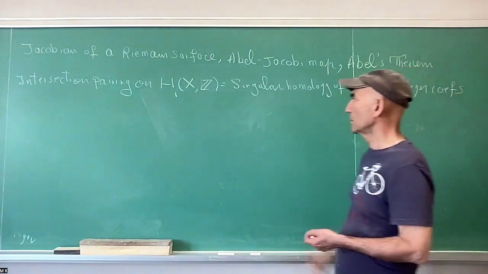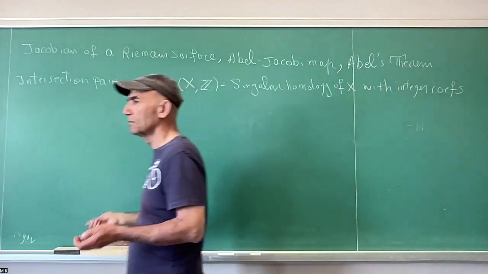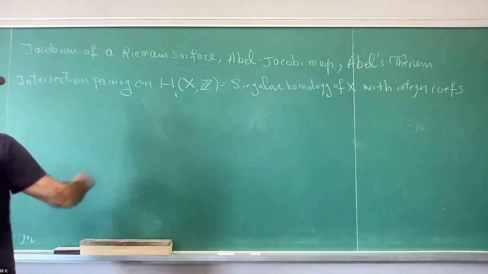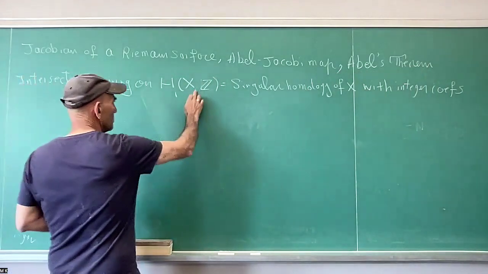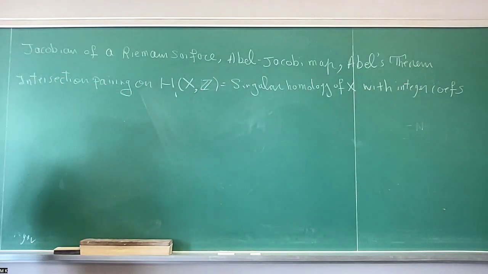And you can take singular homology with coefficients in any abelian group for that matter. But Z is more or less the most important case, for elementary stuff at least.